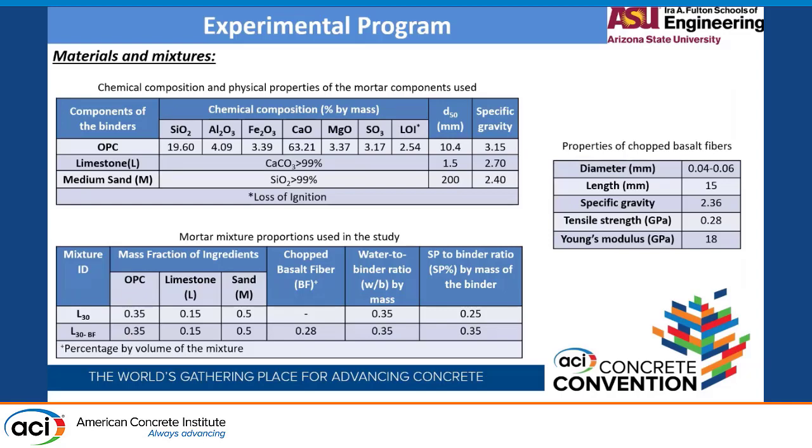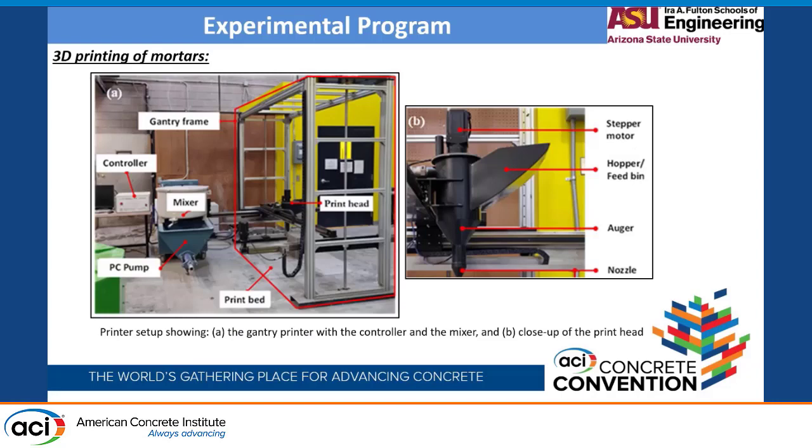The properties of the basalt fiber are given in this table. They were 0.04 to 0.06 mm in diameter, 15 mm in length, and specific gravity was 2.36 with tensile strength of 0.28 GPa and Young's modulus of 18 GPa. This is the 3D printing mortar facility that we have at our lab, and this was used in this study.